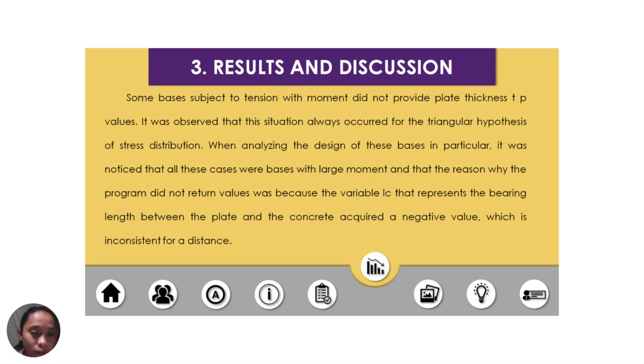Some bases subject to tension with moment did not provide plate thickness values. It was observed that this situation always occurred for the triangular hypothesis of stress distribution.